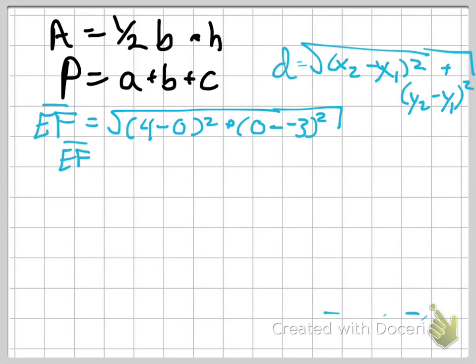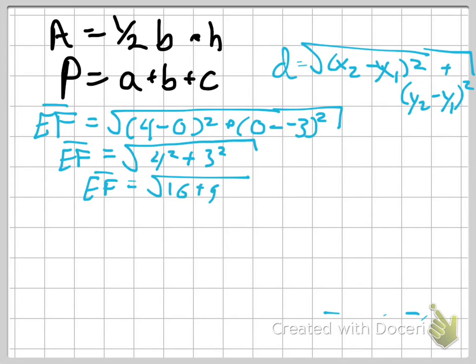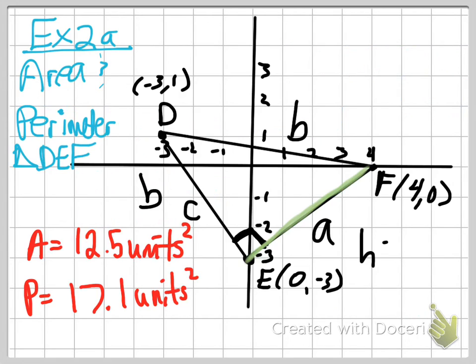So EF equals the square root of 4 squared plus 0 minus negative 3, 3 squared. EF equals the square root of 16 plus 9. Looks familiar from another problem. EF equals the square root of 25, which equals 5. Okay, I'm going to solve for side DF now.